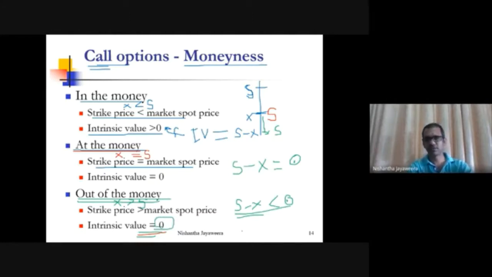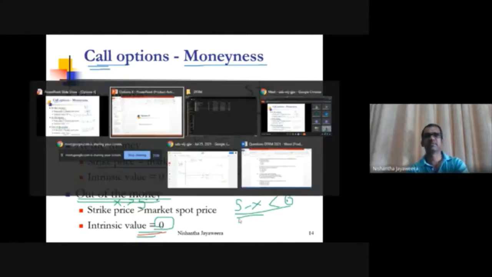If you exercise it, you will get a negative flow. That's how we categorize in the money, at the money, and out of the money for a call option. Now you can think, what are the conditions for a put option to be categorized as in the money, at the money, and out of the money?